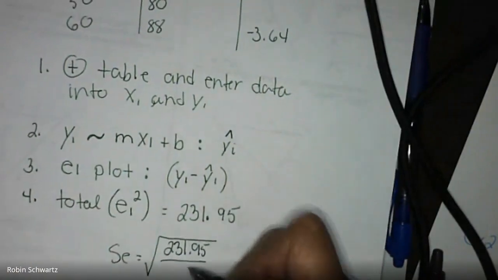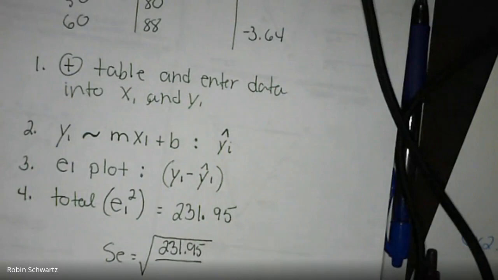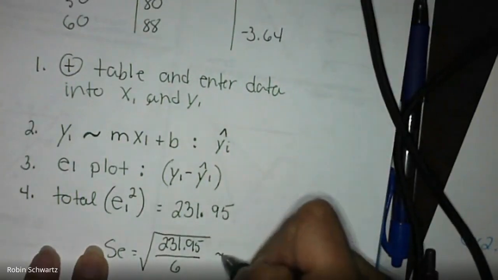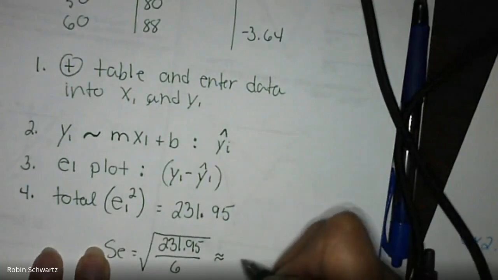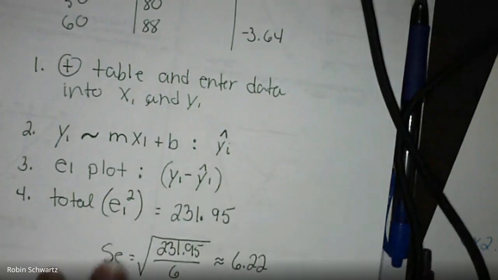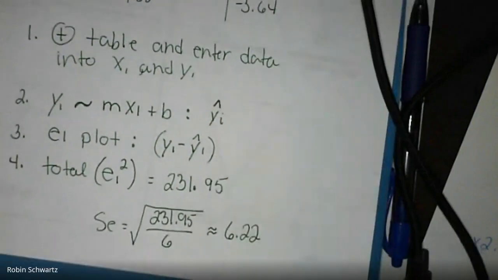I believe we had 8 values. 1, 2, 3, 4, 5, 6, 7, 8. 8 minus 2 is going to be 6, and that will give us approximately 6.22. So your process is a little more streamlined using Desmos than the graphing calculator. And that's it.